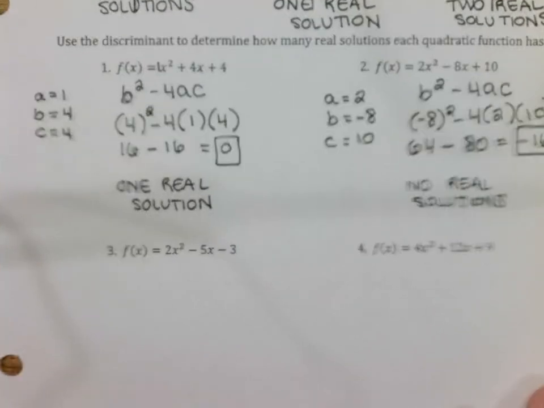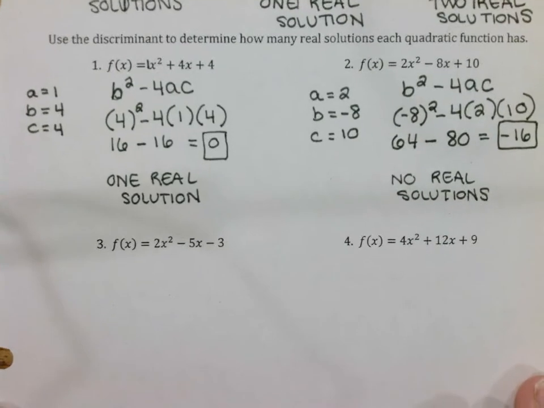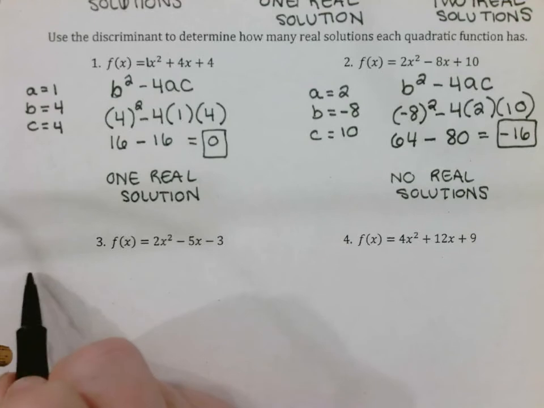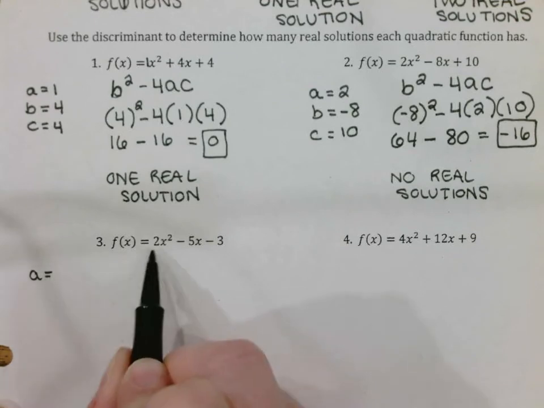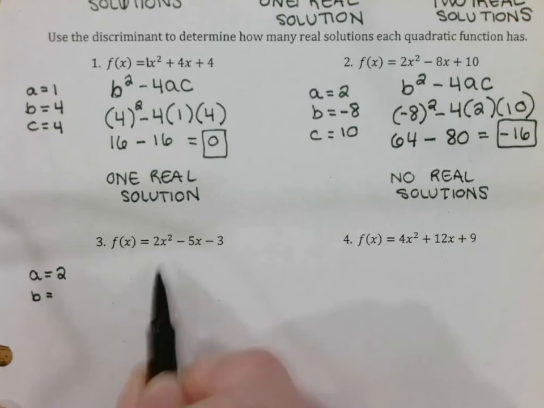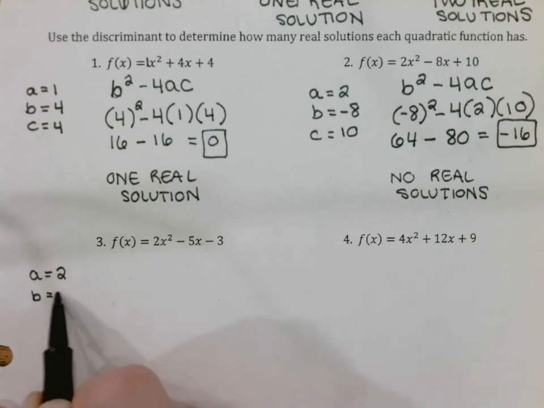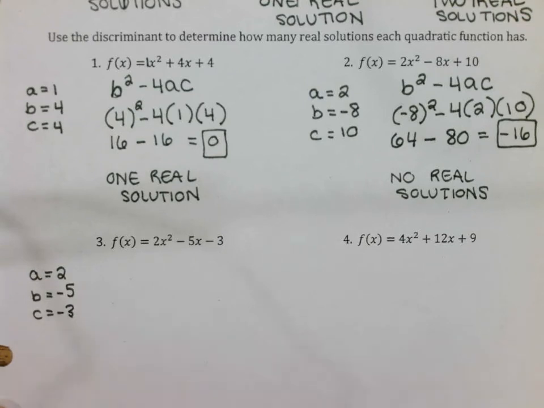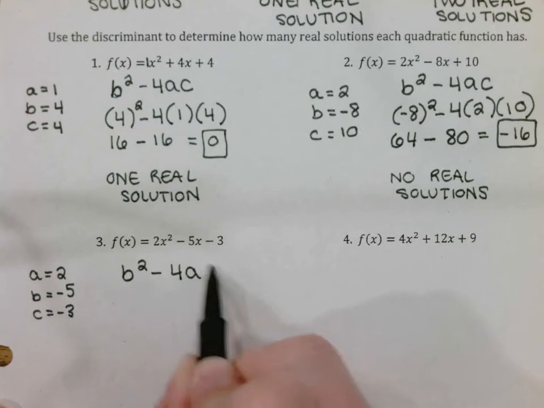Going on to number 3, I'm going to start the same way. I'm going to find A, B, and C. In this case, A is 2, B is negative 5, and C is negative 3. I'm going to plug that into my discriminant, b squared minus 4ac.